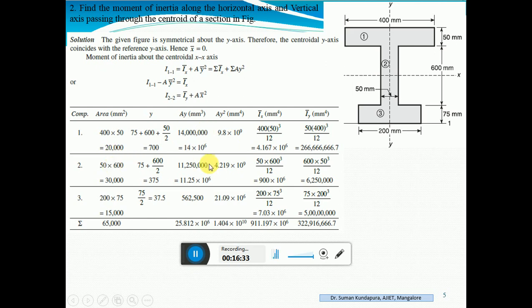Go on calculating ay and ay square for each rectangle. Sum up each one. I need summation ay for calculating y bar, so I need summation ay divided by summation a. Later go for moment of inertia, summing up all three, you add summation Ix bar.